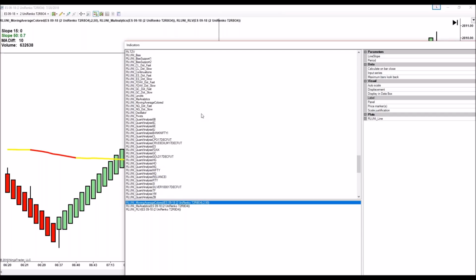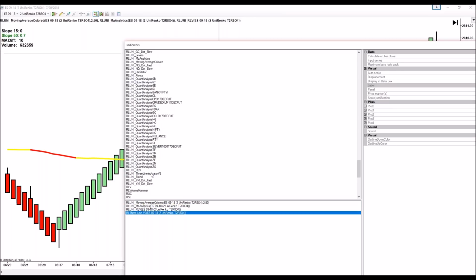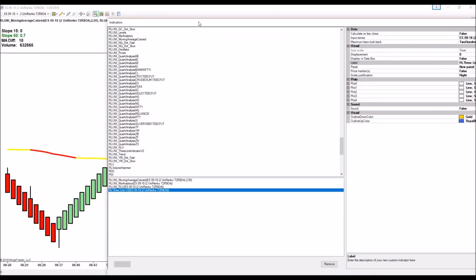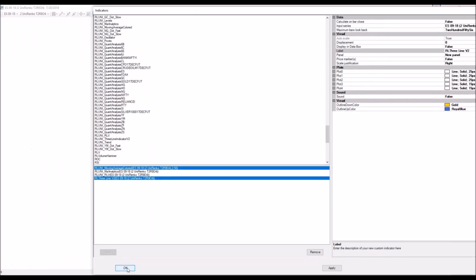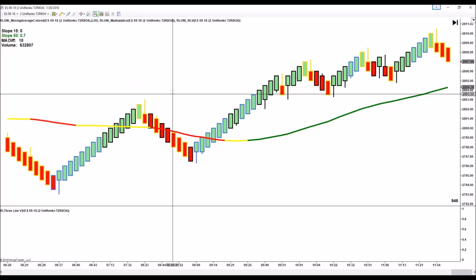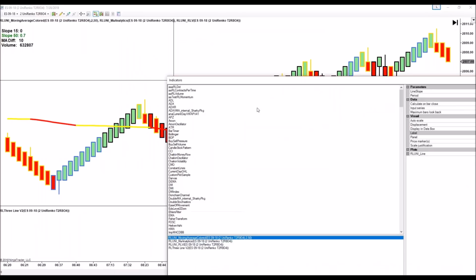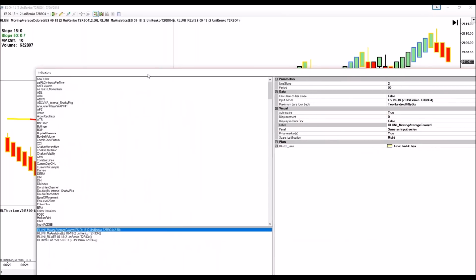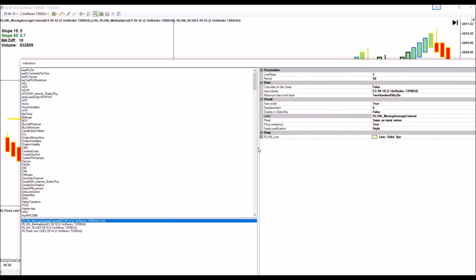Now, we'll do the 3 line, and we're going to do it so you can see it. Okay, so see the default comes in. What I'm going to do is make it so you can see it.